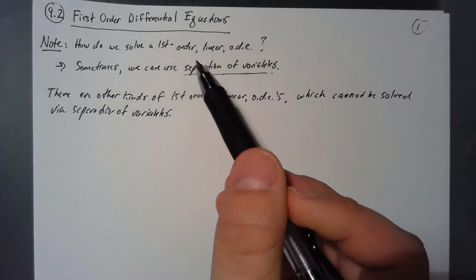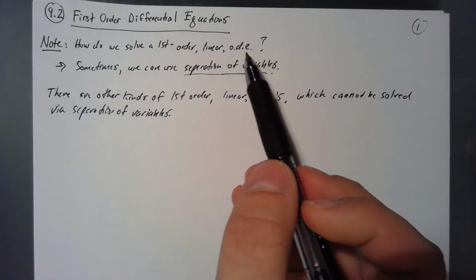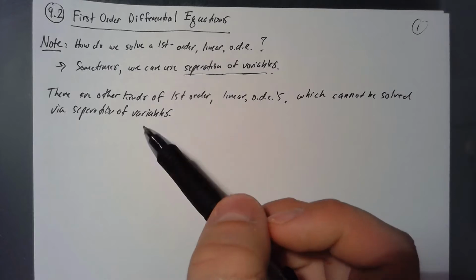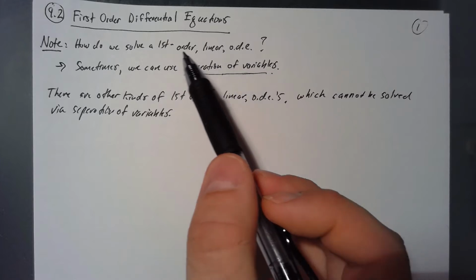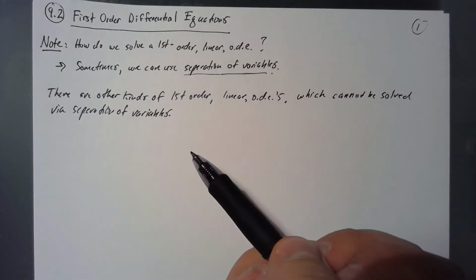A separable differential equation is a first-order linear ODE. It is. But as you're going to see in a moment, not every kind of differential equation like this can be solved this way.